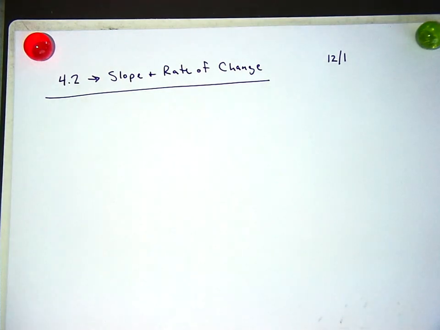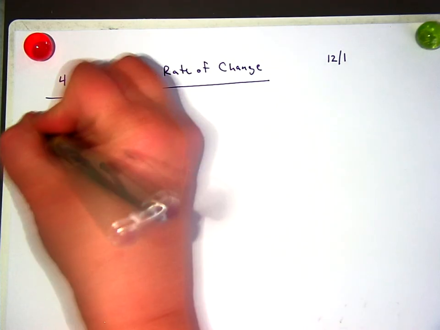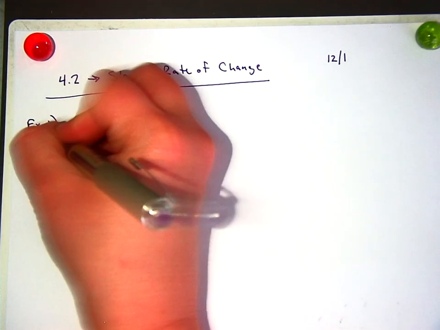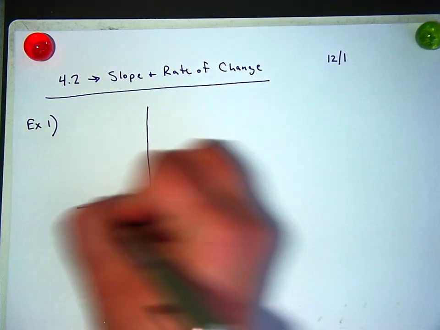All right, let's begin. So, the first example I want to do, did you guys do rate of change and slope with Mr. Olson? Yes. All right, example 1. Let's say I have a graph and it looks like this.